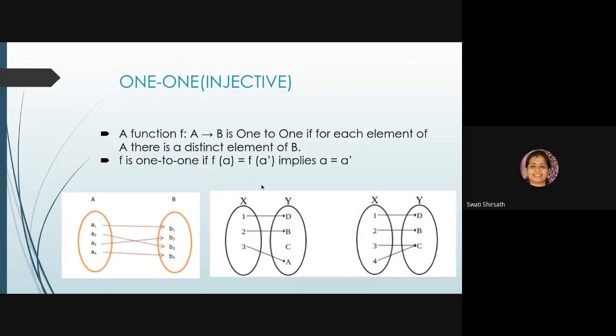So I'll say f of x is equal to 2x from Z plus to Z plus is a one-to-one function. Are you getting this? Should I write it on the whiteboard if you are not able to visualize it?